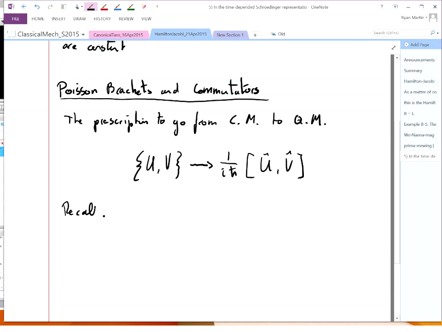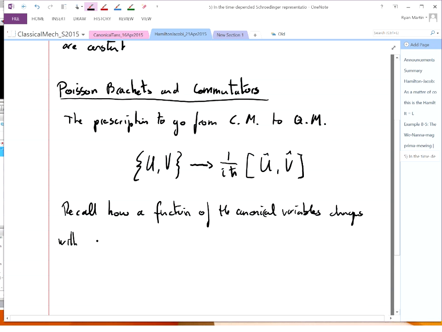So recall how a function of the canonical variables changes with time in classical mechanics.